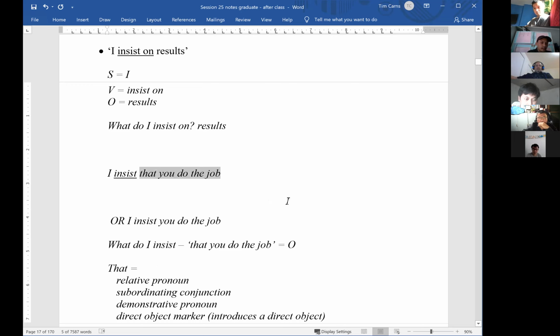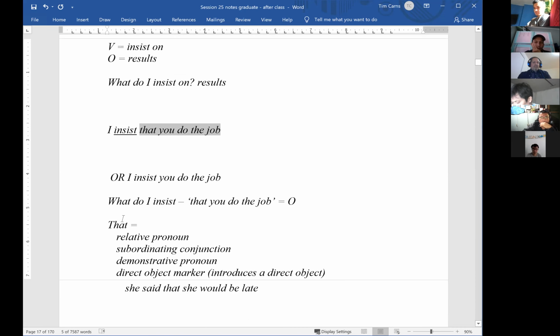It's what's sort of receiving the action or participating in the action. So the word that in English, I call it a chameleon because it can change and function in so many different ways. So it can cause problems. There's one more way that it functions, but I can't remember it off the top of my head.